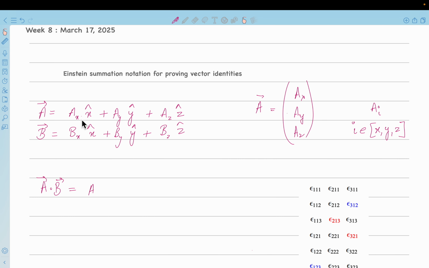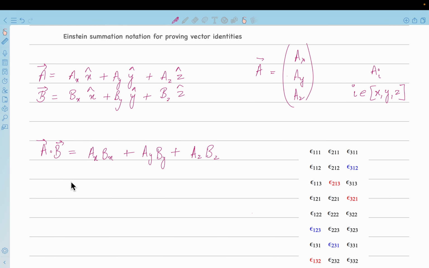And what is a dot b? Each component is multiplied to each component, right? So ax into bx plus ay into by plus az into bz. Now this you could have also written as ai into bi, summation i goes from x to y to z, right?